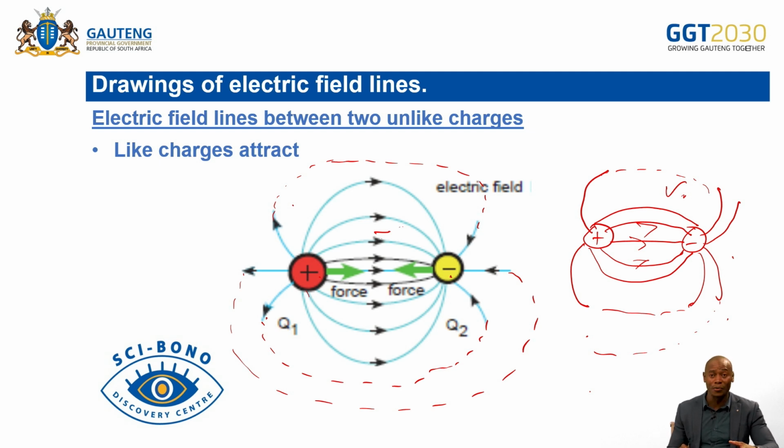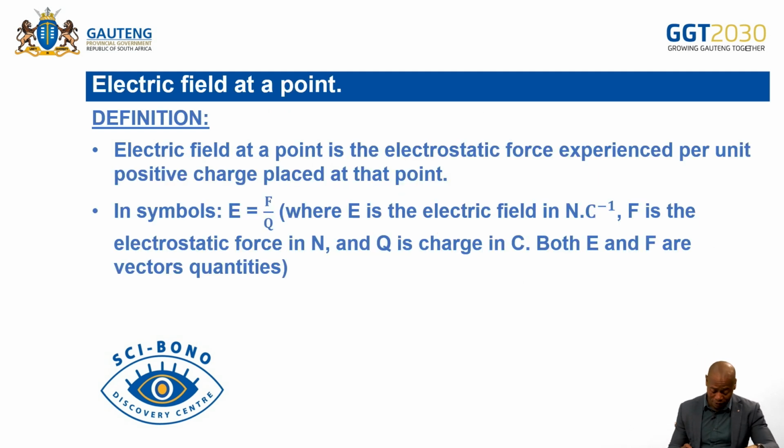Because remember, according to our ATP, we should deal with identical charges. So if they're like this, it's like it's saying to us, this charge is greater than this one. And it shouldn't be like that. So when you draw lines, don't just draw. Make sure that even if I don't see that line there, I can complete it the way I've done it here. So this is how we need to draw our electric field patterns.